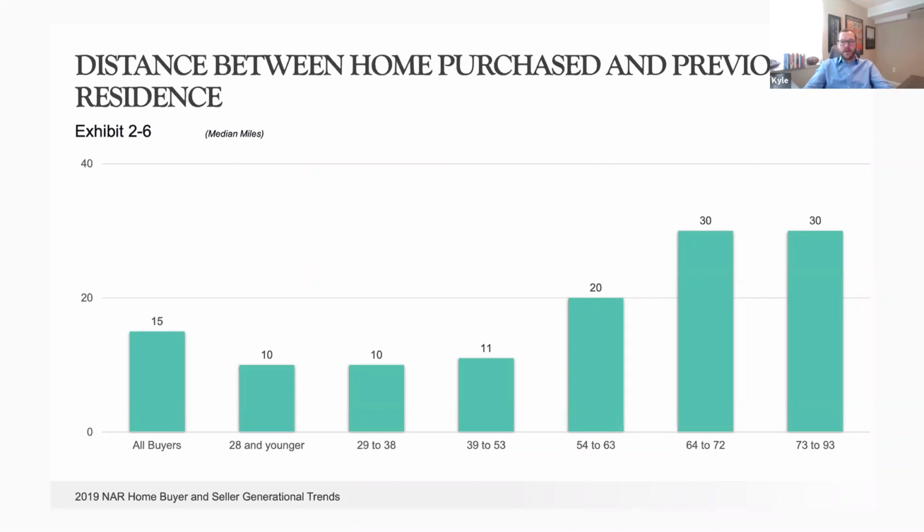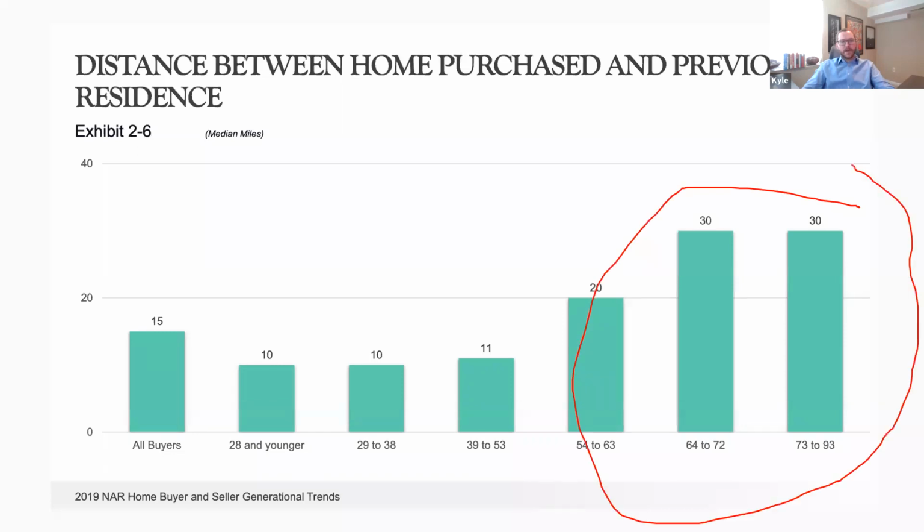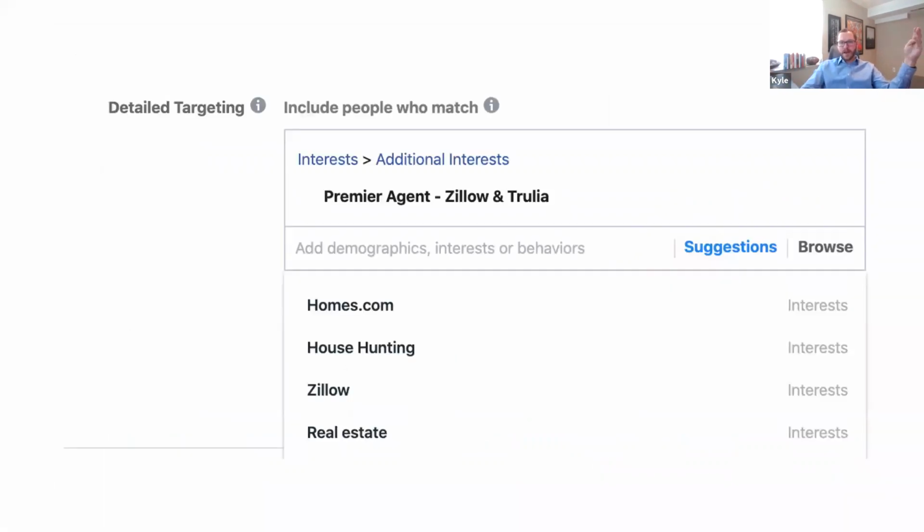An interesting note from the NAR home buyer and seller report is that for the home buyers surveyed, the average distance moved is 15 miles. Older home buyers move the furthest, right here. But your average home buyer is moving within 15 miles. So that's good. It's going to target who we want to. But if you want to expand that geo-targeting, please feel free to.